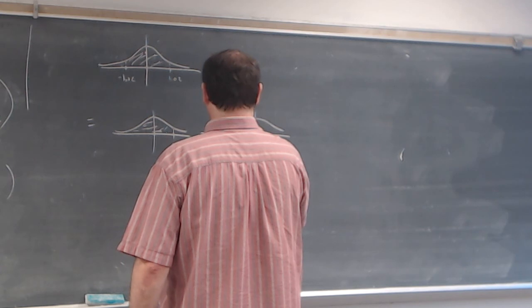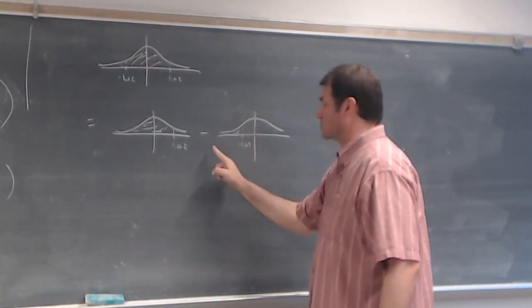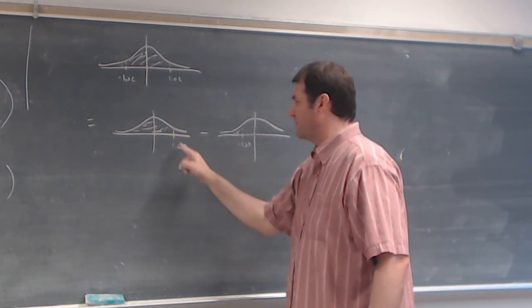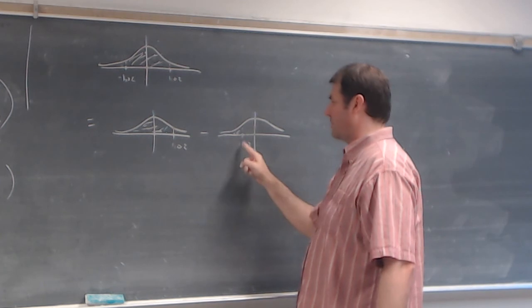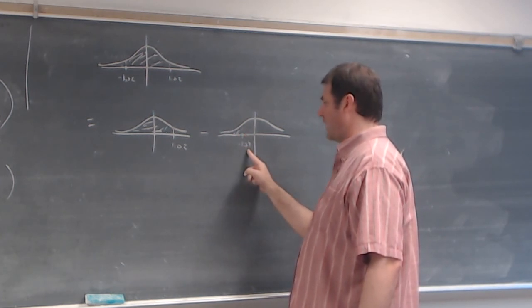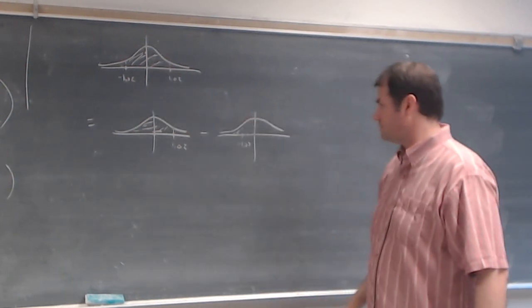So you take the area to the left underneath this curve from 1.02 and subtract from it the area to the left of minus 1.02 underneath this curve. That gives you this region.